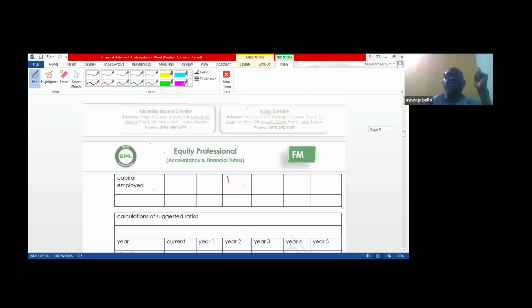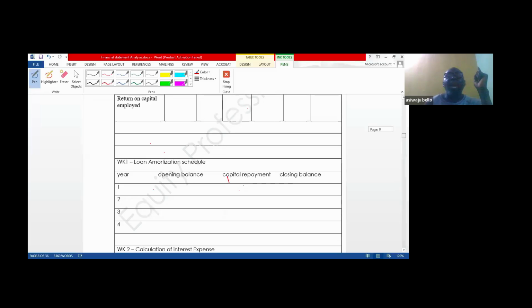Let's go to our working one, the loan amortization schedule. That is, how are we going to repay the loan? In year 1, you are going to take a loan of $100,000.